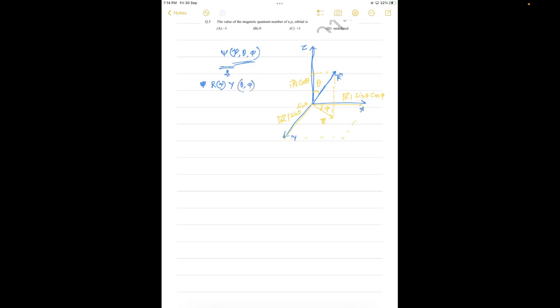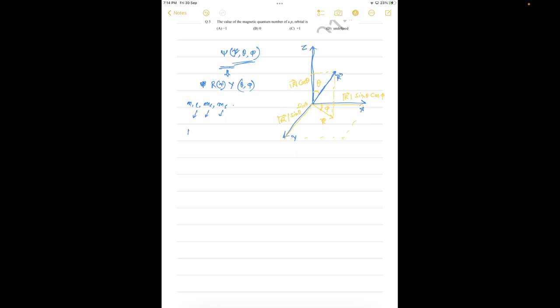Now we know there are 4 quantum numbers here. For any orbital we can express any wave function with 4 quantum numbers: n, l, ml and ms. n is the principal quantum number, l is the azimuthal quantum number, ml is the magnetic orbital quantum number, and ms is the magnetic spin quantum number.